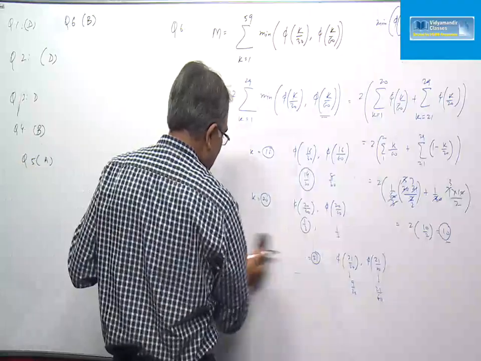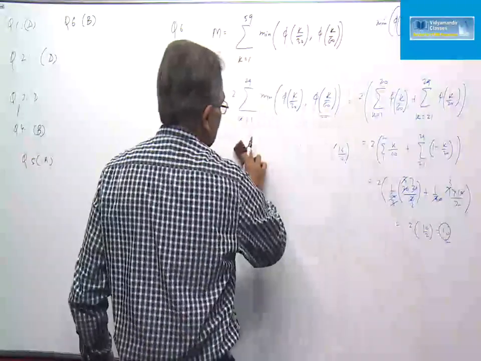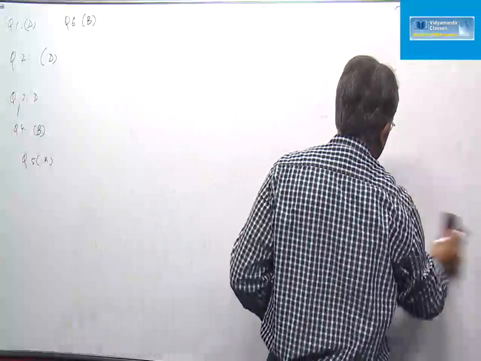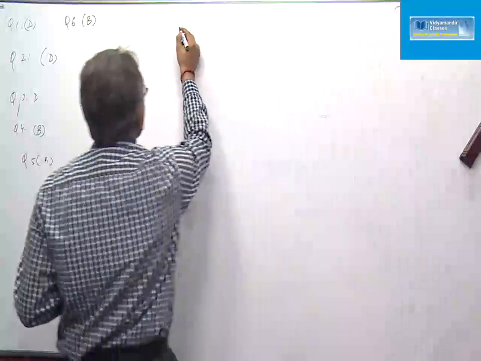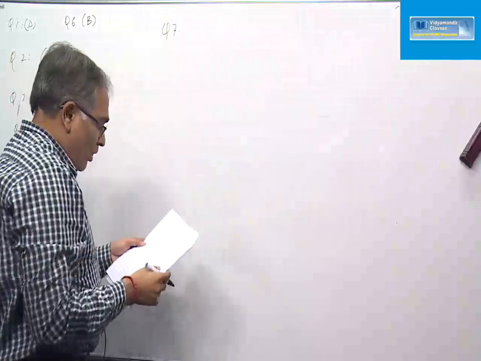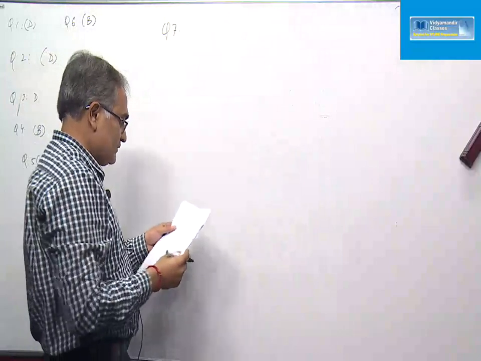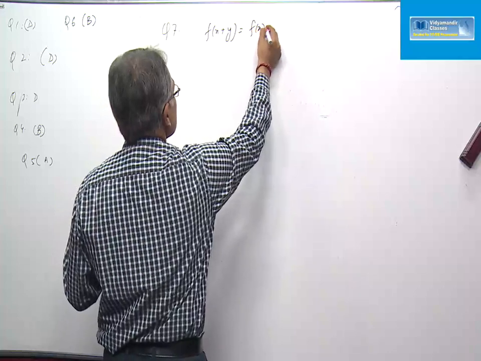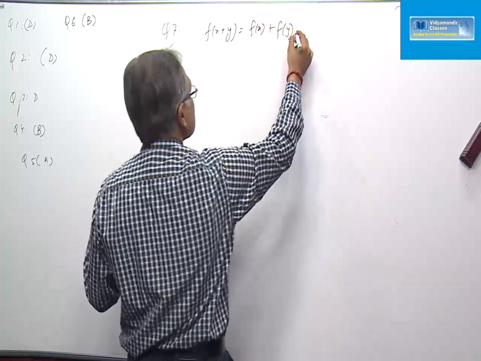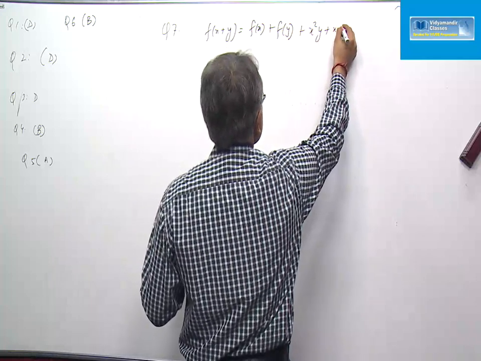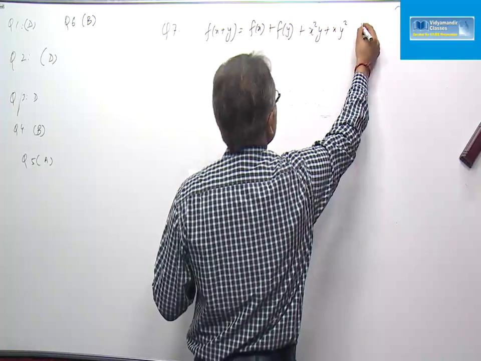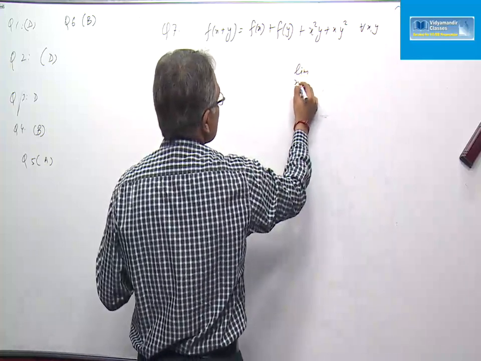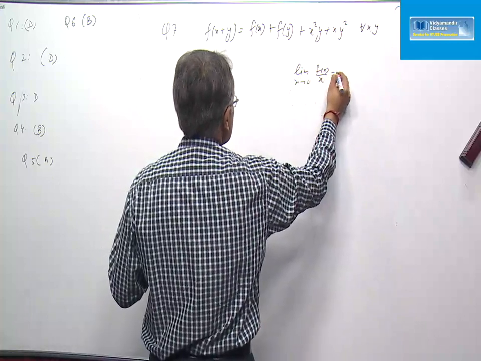Question number 7, multiple correct options. It says f is a function that satisfies the functional equation f of x plus y is equal to f of x plus function value at y plus x square y plus x y square for every real x and y, and there is a limit given, limit x approaches 0 of f of x by x is 1.